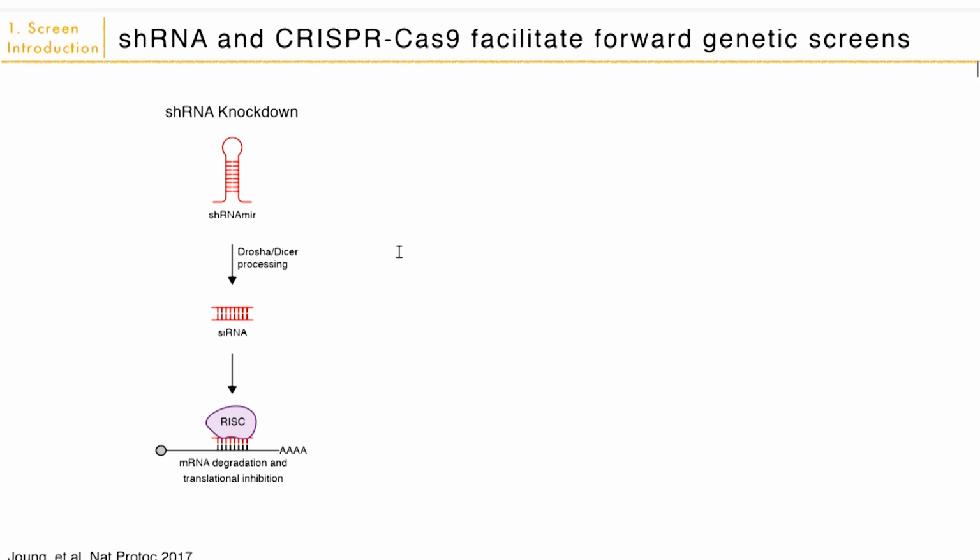that phenotype of interest. Now, the problem with shRNAs is that even though they did lead to a lot of interesting discoveries, especially in the early days, shRNA screens were hampered by the fact that shRNAs are often non-specific.